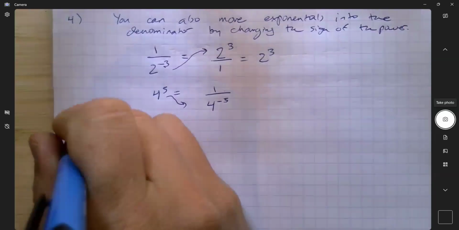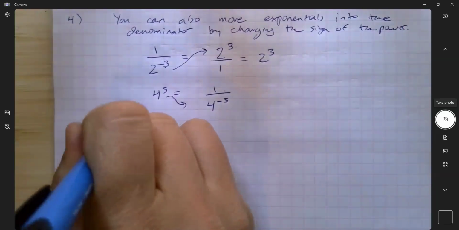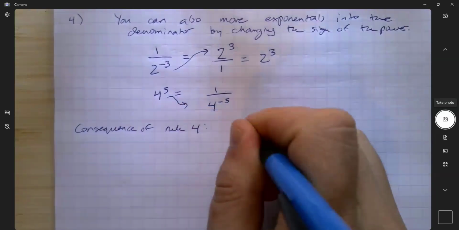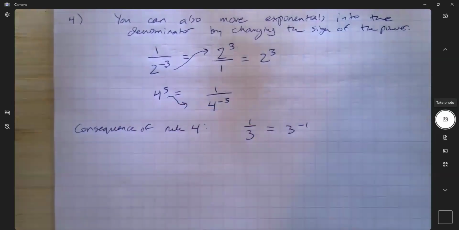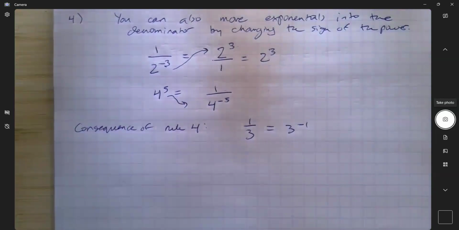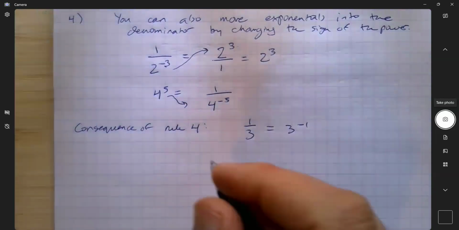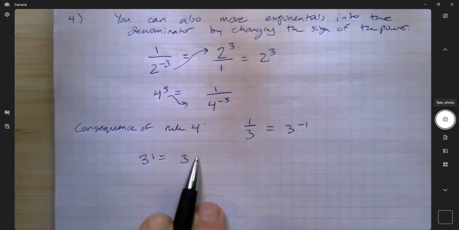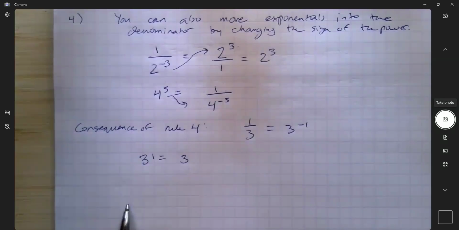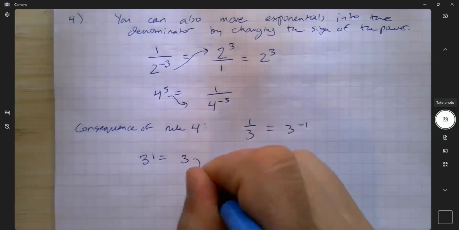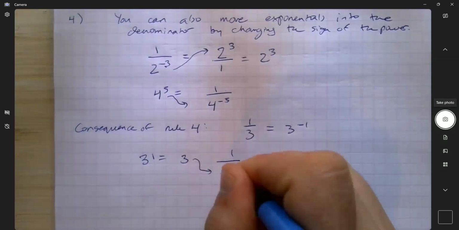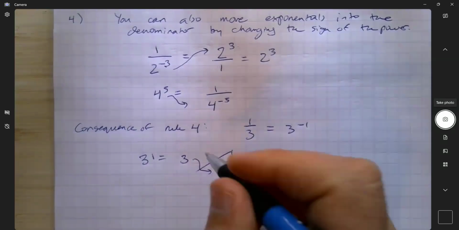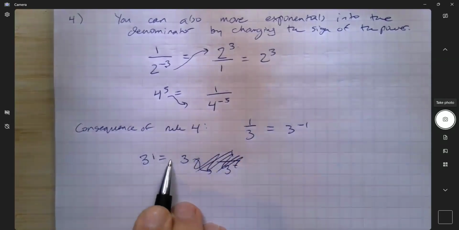Here's a nice consequence of rule 4. One over 3 equals 3 to the minus 1. Because 3 to the 1, well, that's just 3 with no extra multiplication going on. Let's stop there. 3 to the 1 equals 3.